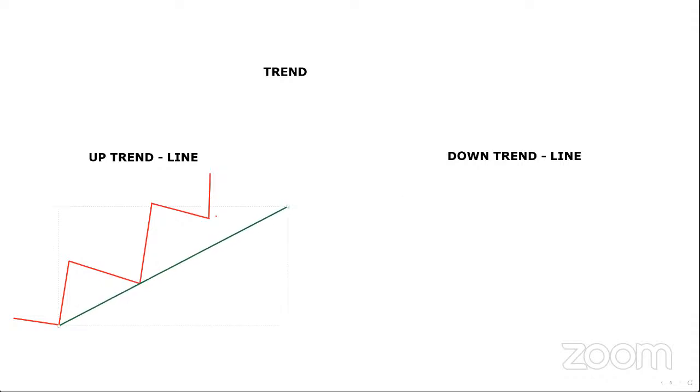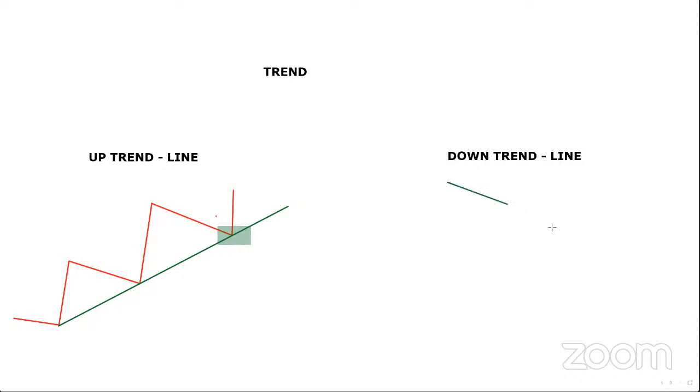It's a line that connects at least 2 points, 2 troughs together. And you can trade starting from the third touch. So here I can enter the market. When the market reaches this area for the third time, I can go long here. I can buy here.